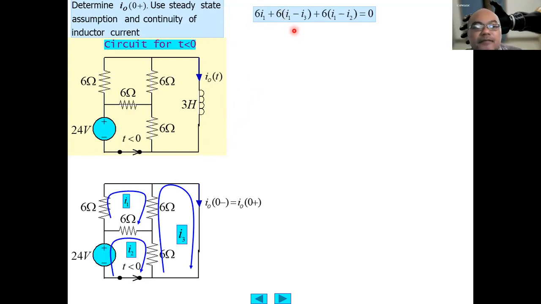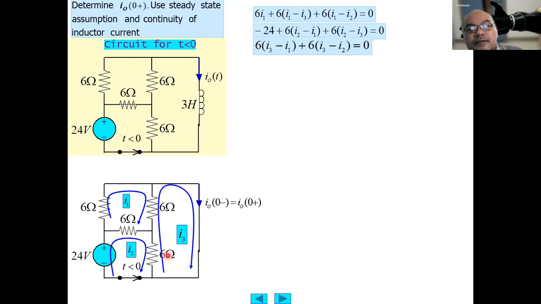So from here we obtain 6I1 plus 6(I1 minus 3), I think this is in this loop, plus 6(I1 minus I2) equals 0. And the second loop: minus 24 plus 6(I1 minus I2) plus 6(I2 minus I3) equals 0.